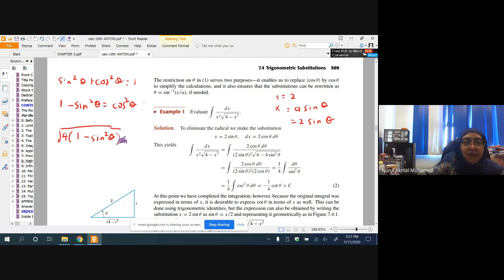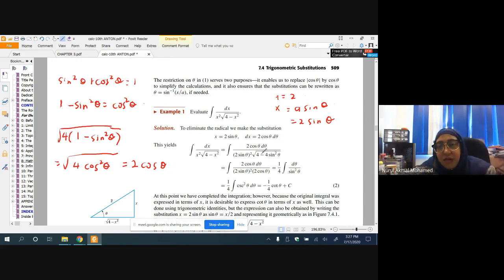This part here is equal to cos squared theta, so square root of 4 cos squared theta. You square root 4, you get 2, you square root cos squared theta, you get cos theta. So the final solution for this is 2 cos theta.